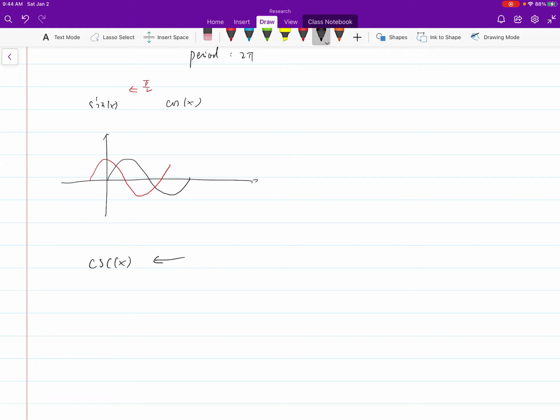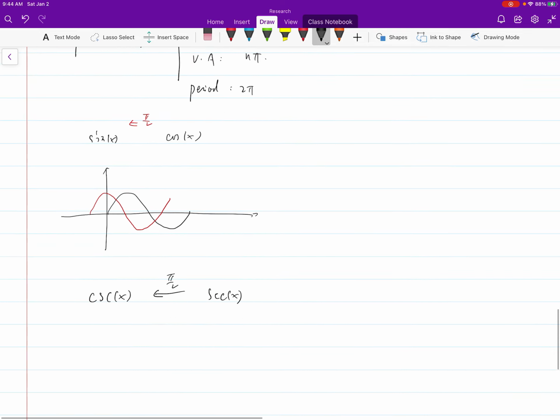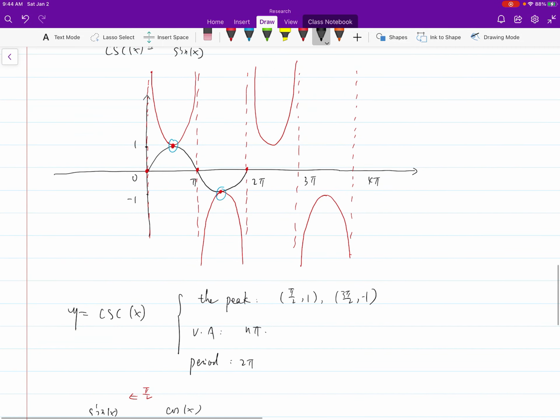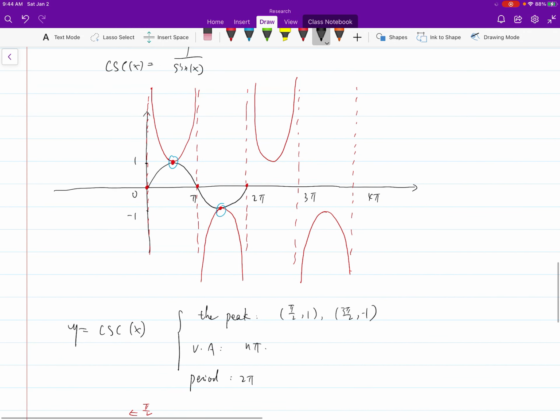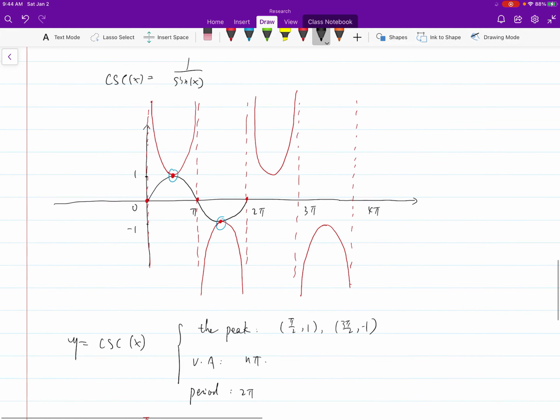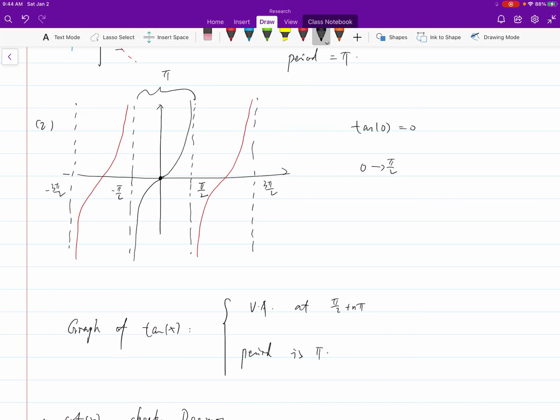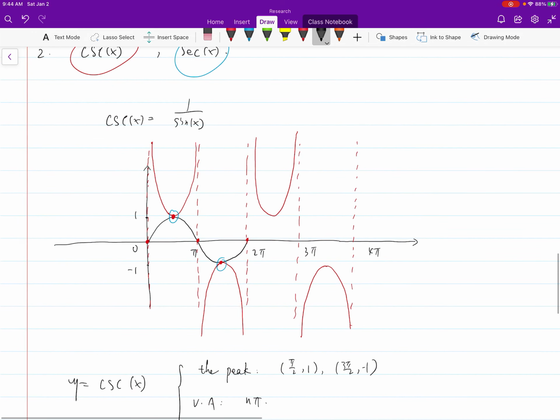You got cosine. Then for cosecant, which is 1 over sine, if you shift this whole thing to the left by pi over 2, you should be able to get the graph of secant. Because then sine becomes cosine, 1 over sine becomes 1 over cosine. I will leave it to you to think about it, but the graph will look very similar to what you have here, except everything shifted to the left by pi over 2.